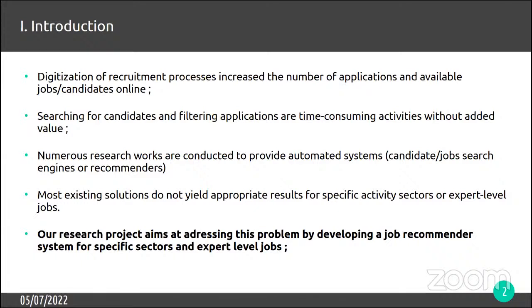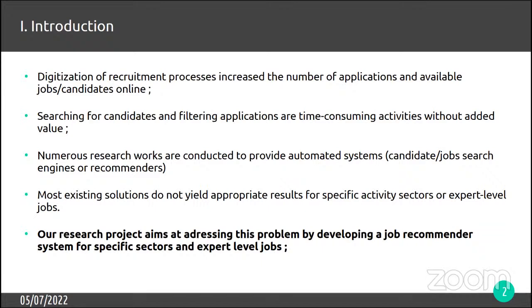The digitization of recruitment processes has increased the number of applications and available documents online, whether job offers, resumes, or even professional profiles on professional networking platforms, which are used for searching for candidates and filtering the applications, which have become very time-consuming activities for recruiters.